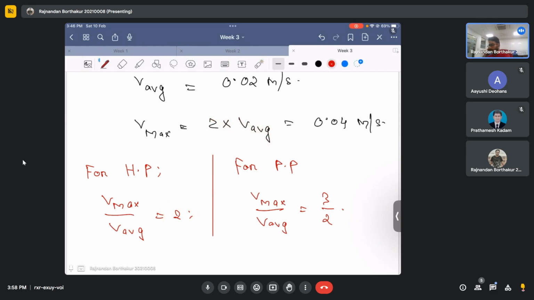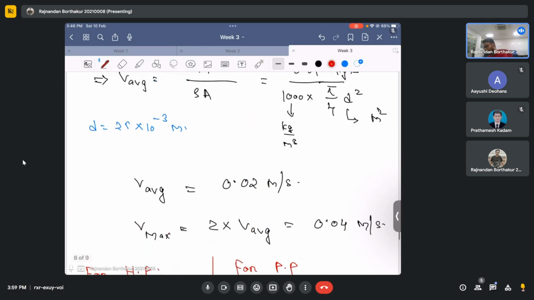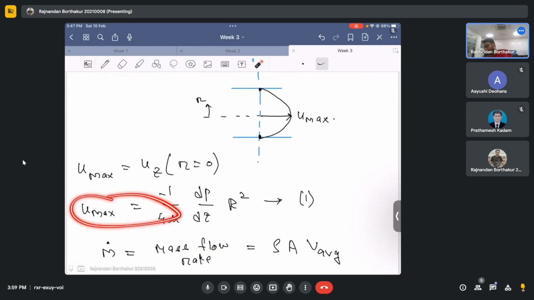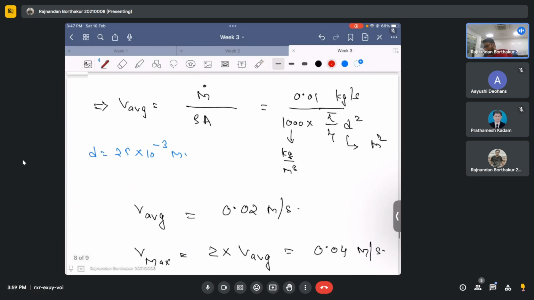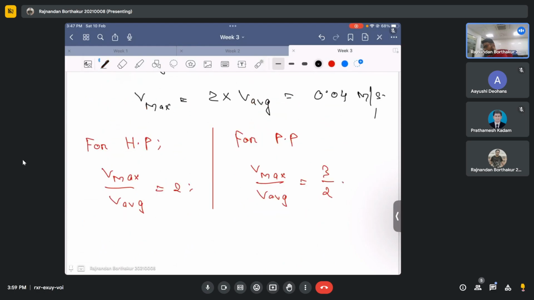So now V max is known to us. If you put this V max into this equation, you get dp by dz. That's the second part. V max is calculated, that's the first part of the problem.